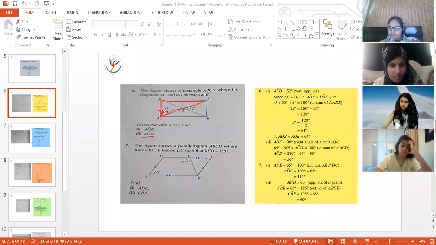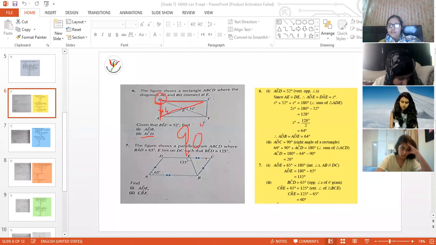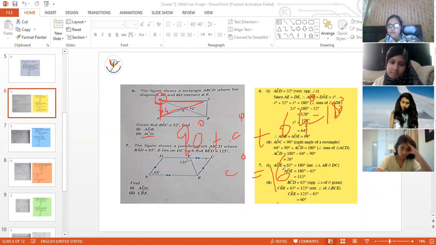But come to the point that in a rectangle, all the angles are equal to 90 degrees, right? The half part of D was 64 degrees, but the total angle D is equal to 90 degrees. 90 degrees plus C plus 64 degrees is equal to 180 degrees. Is this clear? You can solve the value of C, which is 26 degrees. Is this clear? If you have any question, please raise your hand.